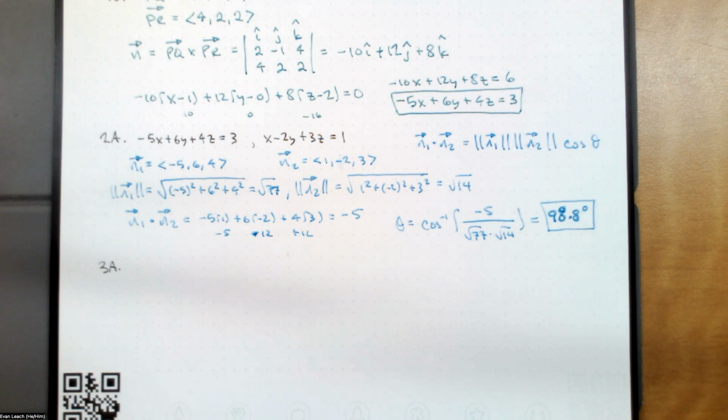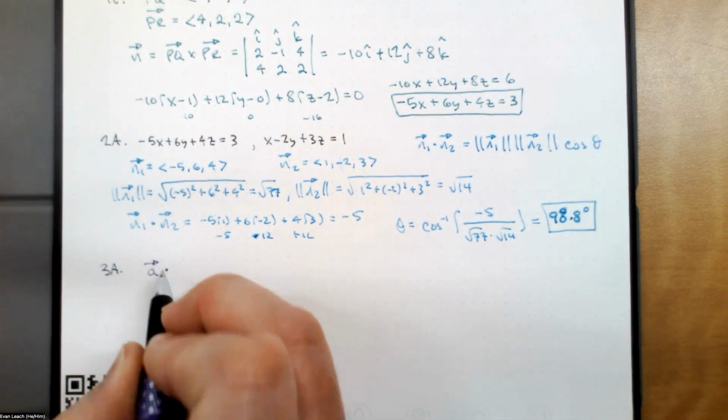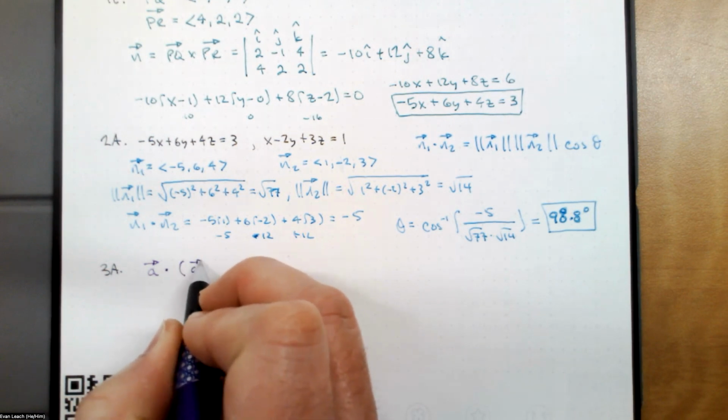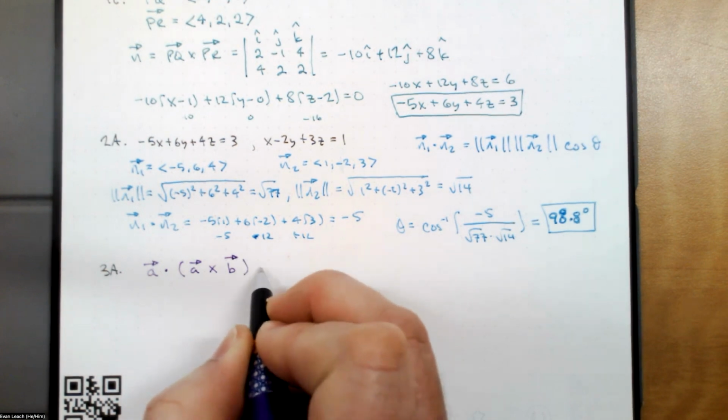In this case, I'm asking you to prove that that is the case. And the best way to do that is to just show that A dot A cross B is equal to 0.